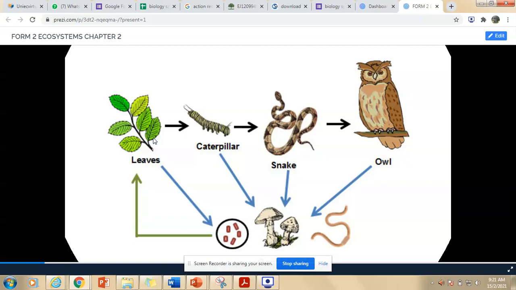Bila caterpillar ni makan leaf tersebut, okay, only 10% of the energy is transferred to the caterpillar. Okay, and then bila snake eat the caterpillar, okay, similar thing will happen. Only 10% is transferred to the snake, and the thing will go die lah. Okay, so the arrow represent the energy flow in the food chain.